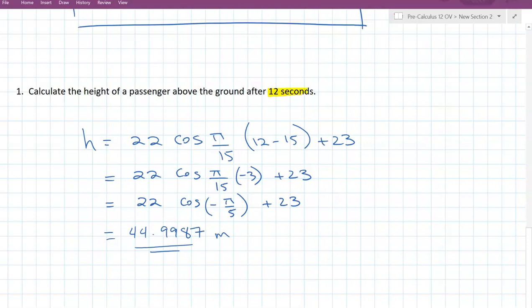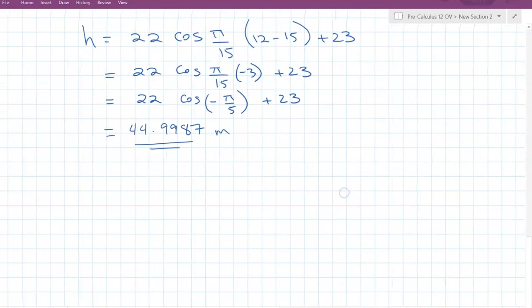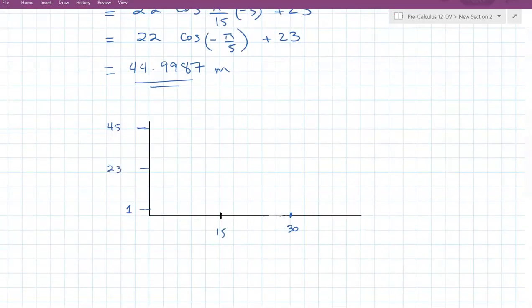All right, now in terms of the graph, how are we going to graph this? If we want to sketch this graph accurately enough, kind of to scale, we can start at 1, because we know that the passengers get on the Ferris wheel at 1 meter above the ground, and then the maximum they're going to hit is 45 at 15 seconds.